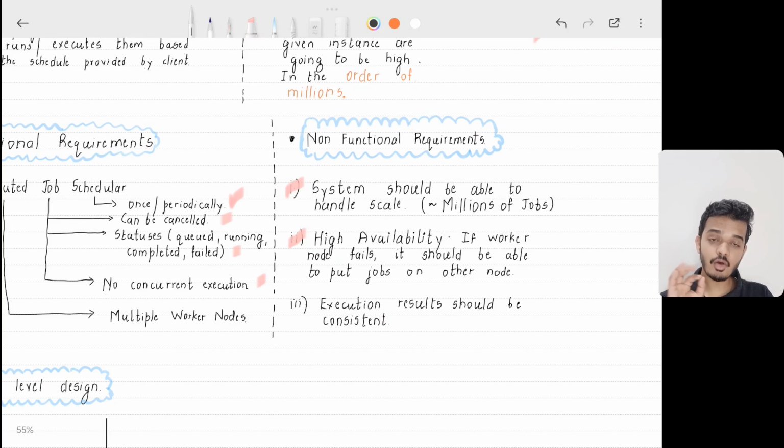The result of this job should be the actual result. It should not be marked as failed. After running on the other machine, whatever result is present for that job should be reflected, and that is how the result stays consistent.